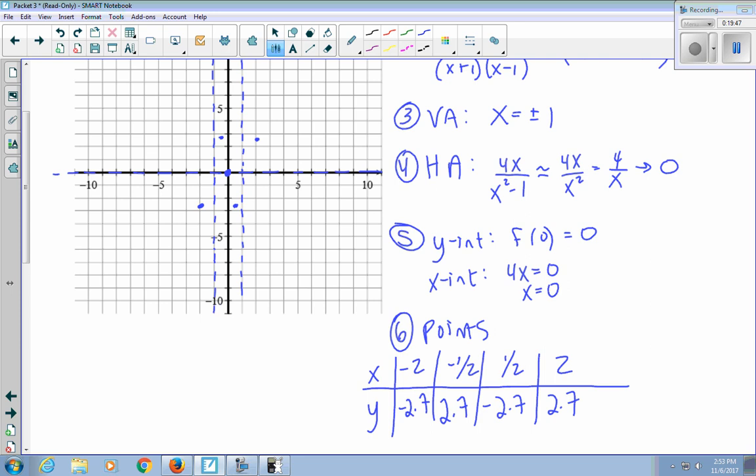So each region of my graph has some points, and then I can just draw approaching the asymptotes. This goes down towards this asymptote. In between these two asymptotes, it looks like that, it must go up towards the asymptote on the left, and this heads down towards the asymptote on the right. And then this point right here is guided by the two asymptotes, like that.